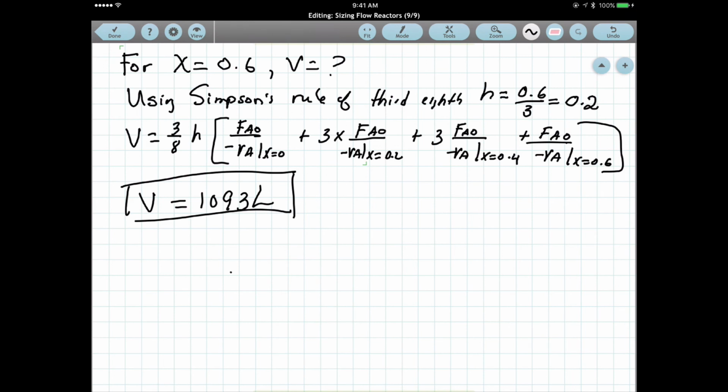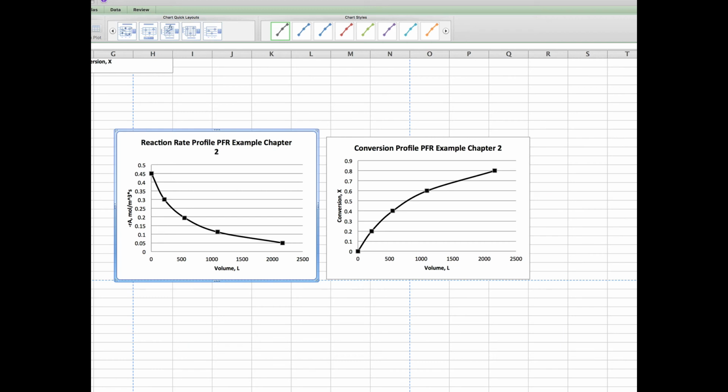Substituting the values into Simpson's three-eighths rule, which is this equation that you have here, you get a volume of 1093 liters. So that will be the final point needed for the conversion profile. Now I'm going to switch to my computer so you can see the different profiles that you get for this example.